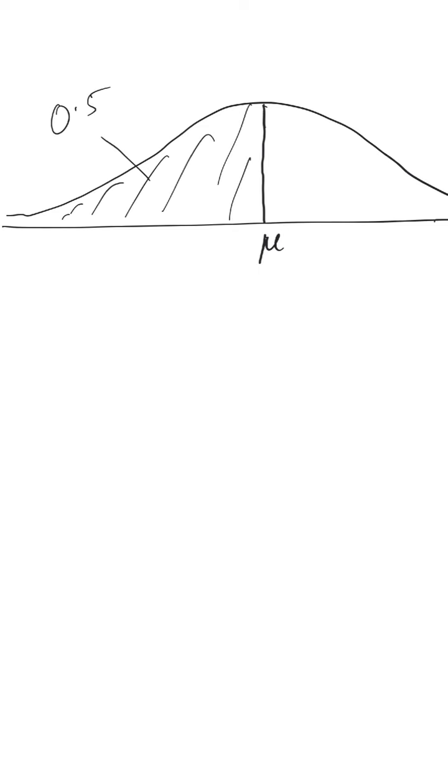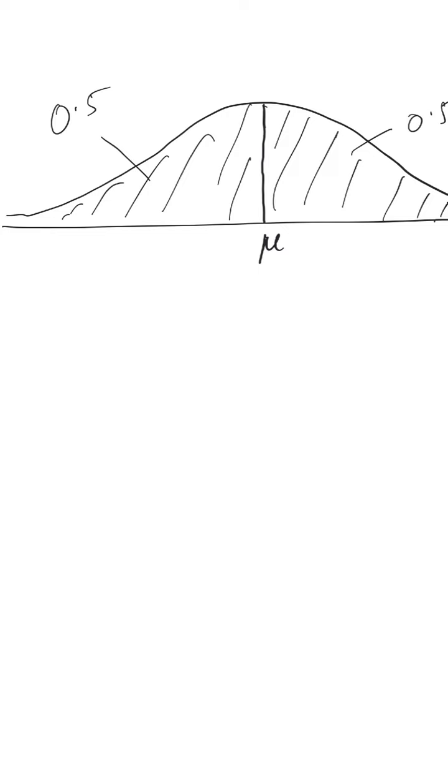And then there is symmetry about the mean. So if this is the mean mu, then to the left of the mean, we have an area which will be 0.5. And then to the right, we have an equal area, 0.5, since the total area under this curve must be equal to 1. So the mean divides the curve symmetrically.